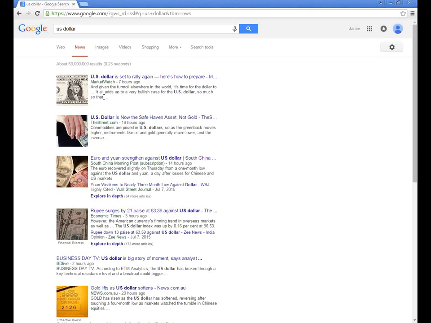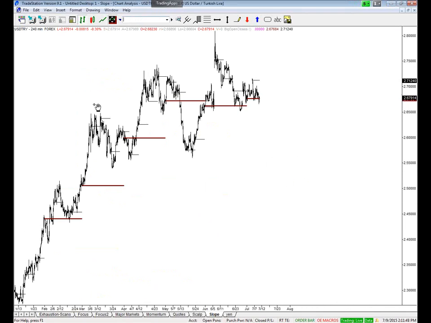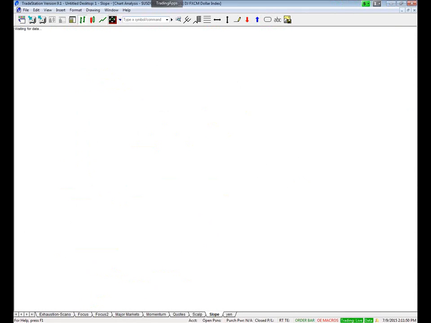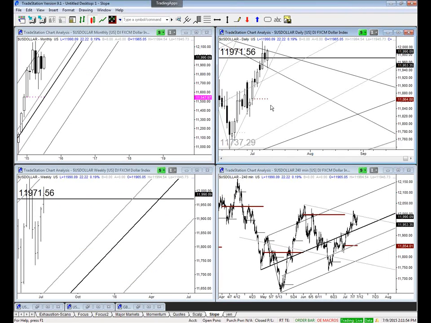When you have a media piece that suggests the dollar is going to rally, they're making a prediction, it's actually really bearish. Okay, now, look, I'm not saying the dollar is not going to rally eventually. Okay, we look at the US dollar index. Okay, here it is.